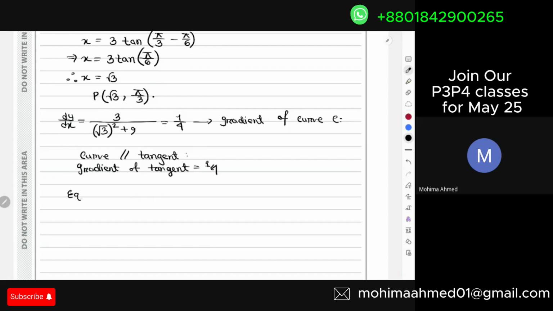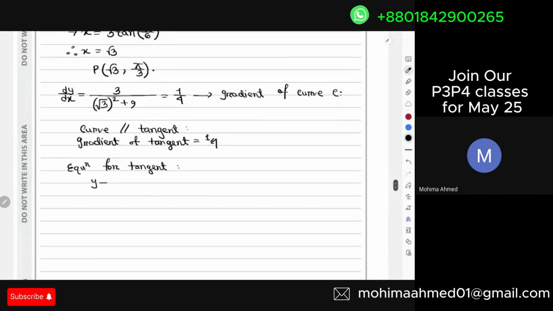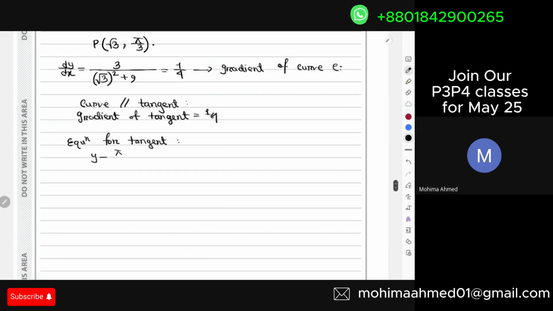So finally, your equation for your tangent is going to be y minus pi by 3, that was your y coordinate, equals 1 by 4 times (x minus root 3). So you basically have y equals 1 by 4 x, and this is going to be minus root 3 by 4 plus pi by 3, right?